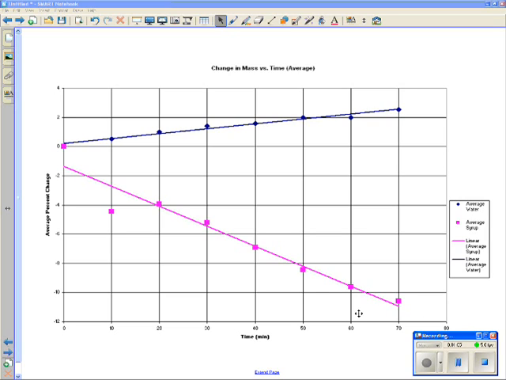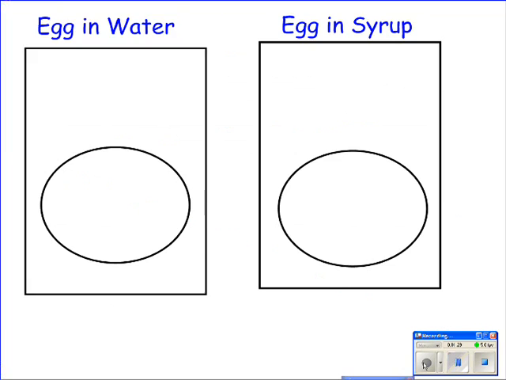And the egg that was in water gained mass. So remember, these eggs had their shells taken off, and just the cell membrane was left. So that's semi-permeable. We saw a gain in mass for the eggs in water, and a loss in mass for the eggs in syrup.